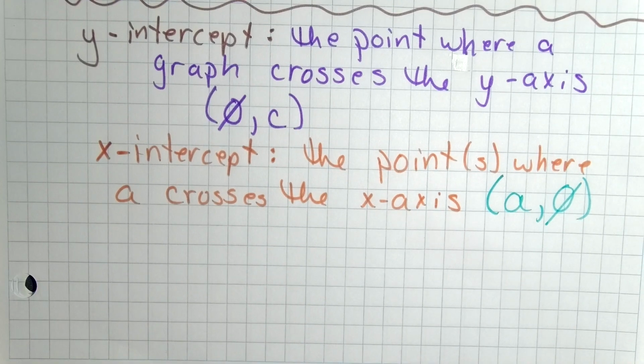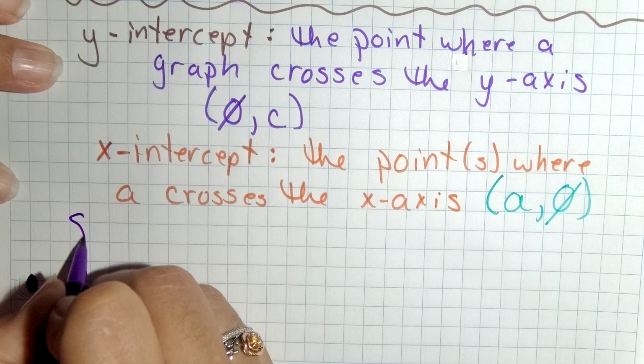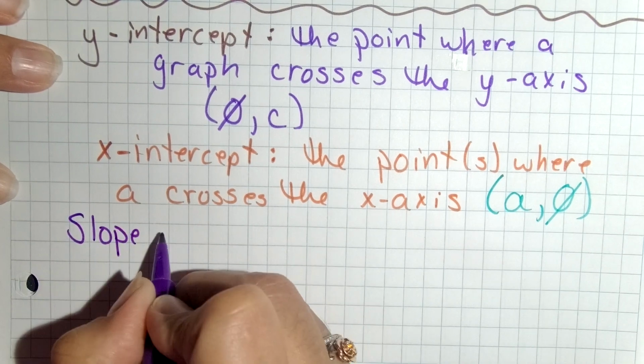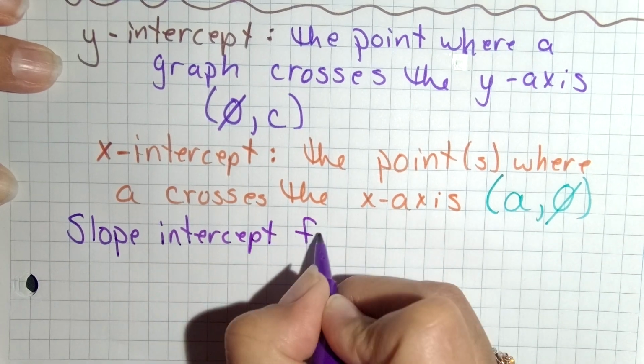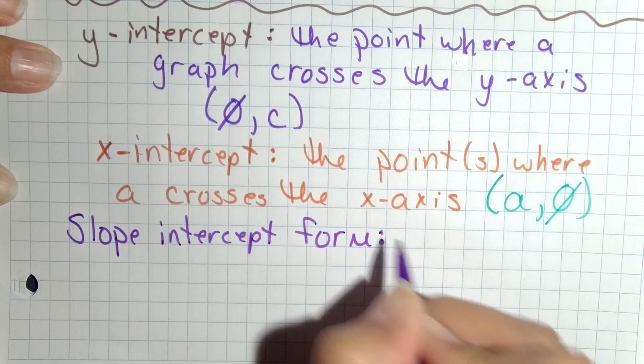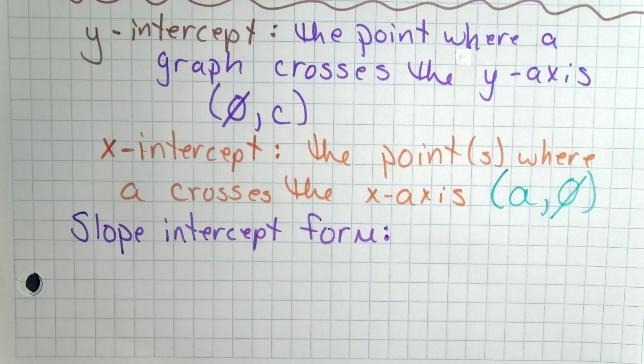All right, and then the last vocabulary review word is slope-intercept form. Can anybody remember what slope-intercept form of a line is? Nobody?